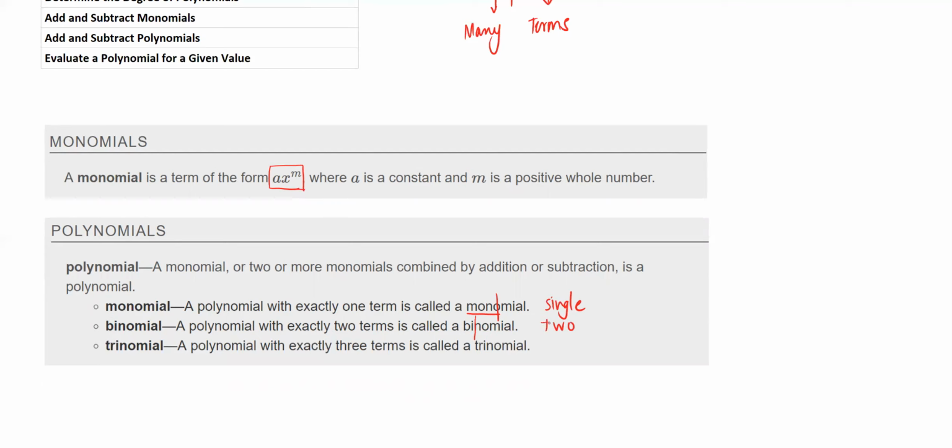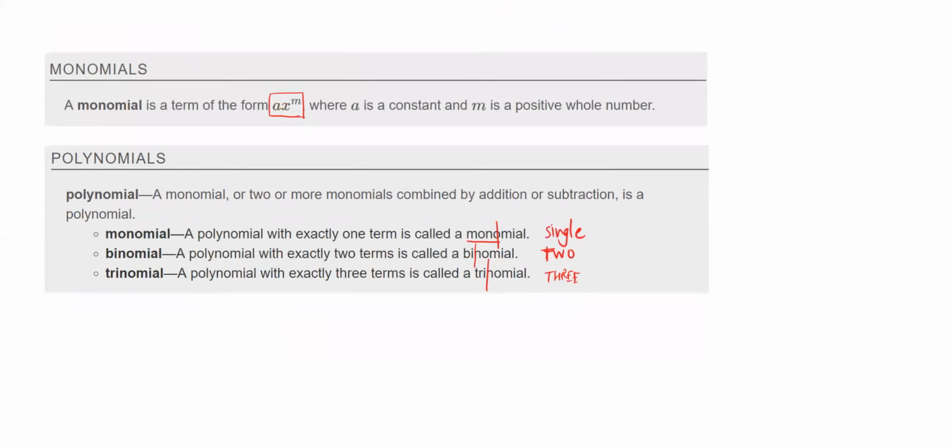That means two. So it has exactly two terms. And trinomial, obviously, is a polynomial with exactly three terms, right? Tri means three. So you could think of tricycle, trinity, triangle, right? Three.